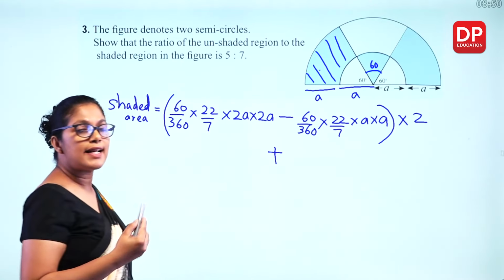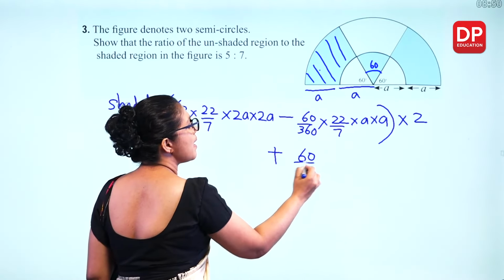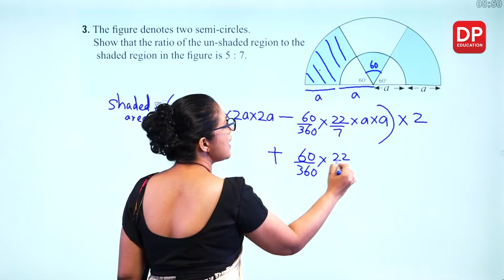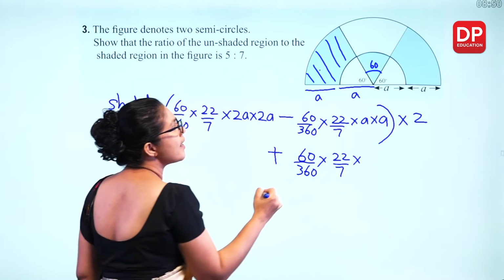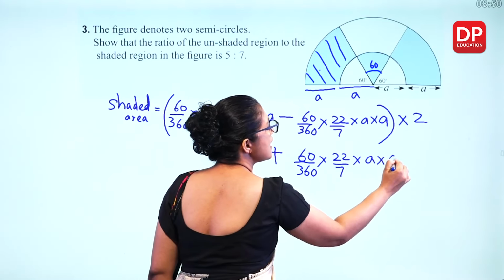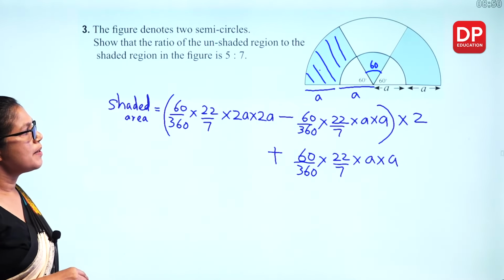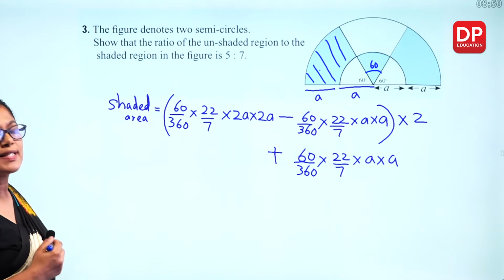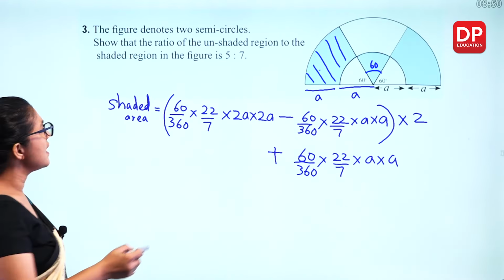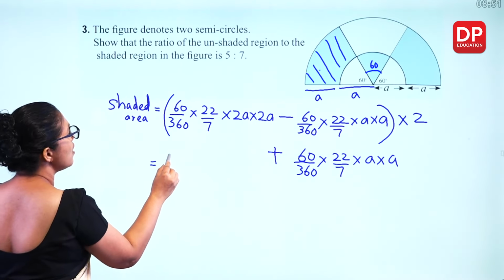And then you have to add this area as well. So what is that area? That area is 60 divided by 360 into pi r squared, and r is again A times A. So when you simplify, you get the shaded part. There's an easy way to do that. Can you see 60, 360, and pi are all common?